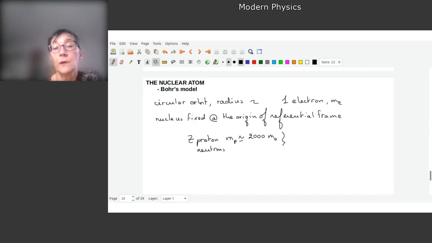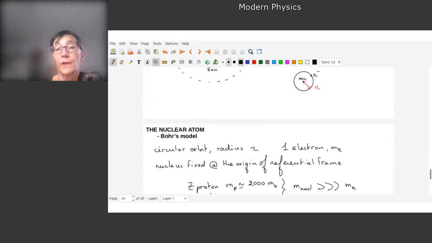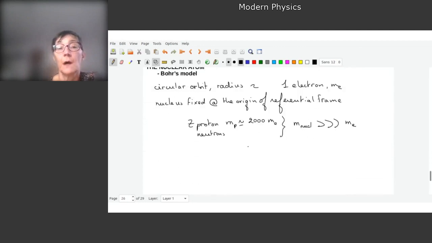So the mass of the nucleus is very, very much larger than the mass of the electron, and so in a first approximation we can neglect the movement of this nucleus, and we are going to say that it is fixed.